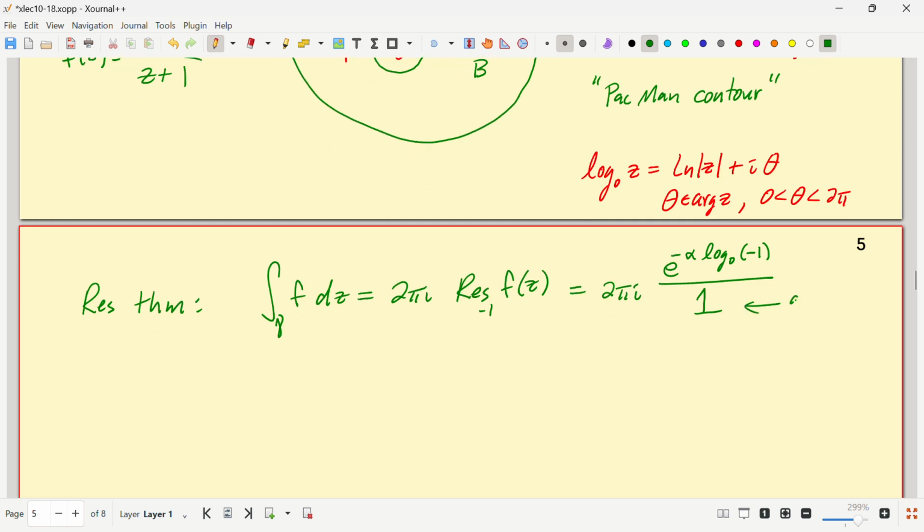This is d by dz of z plus 1 evaluated at -1, because it's a simple 0 at z equals -1.